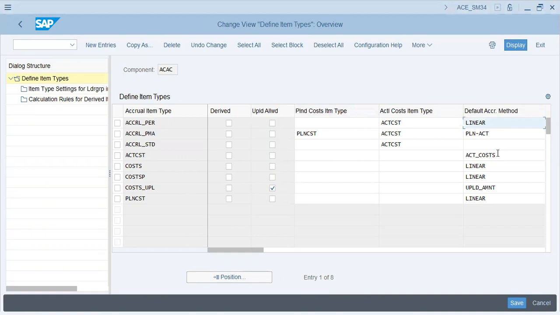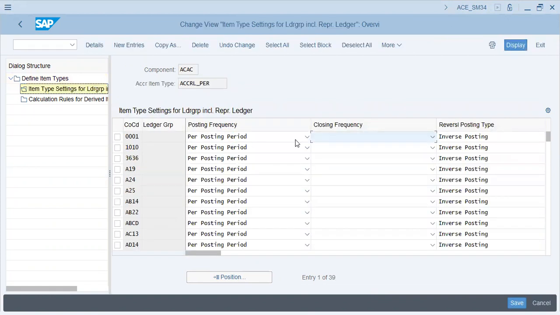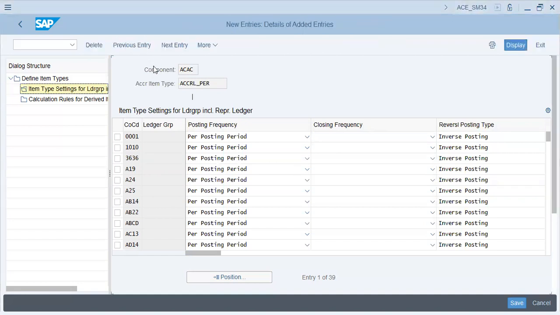Linear. Actual cost linear. Upload amount linear. Okay. Let's say this is linear periodic accrual periodic items for ledger growth. Posting frequency per posting period. Closing frequency. Closing frequency will be, well, let's try a new entry.